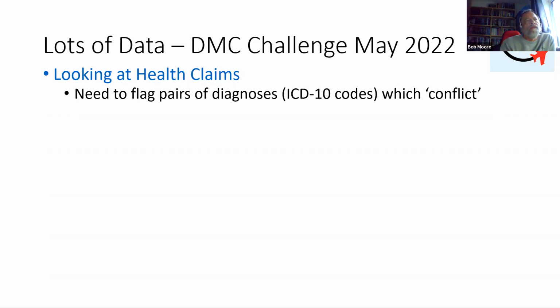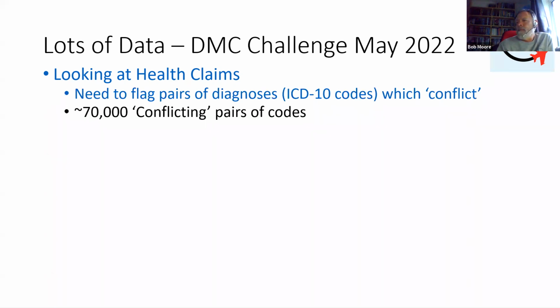The idea here is that we want to flag up situations where the diagnoses being presented conflict with one another. So we're presented with a list of conflicting pairs of codes, and it's quite a big list. I can't remember exactly how many items, but it's over 68,000. So there's an awful lot there.